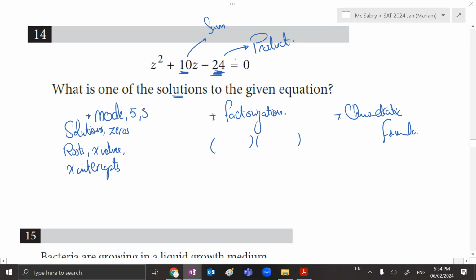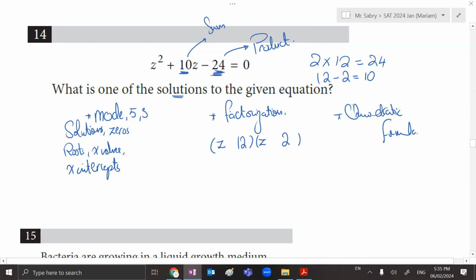Two numbers multiplied give 24 and added or subtracted give 10. I thought both numbers had to be the same. No, not at all. So we would do that mentally, and we write the two numbers over here, and we put the letter repeated, one here and one there.